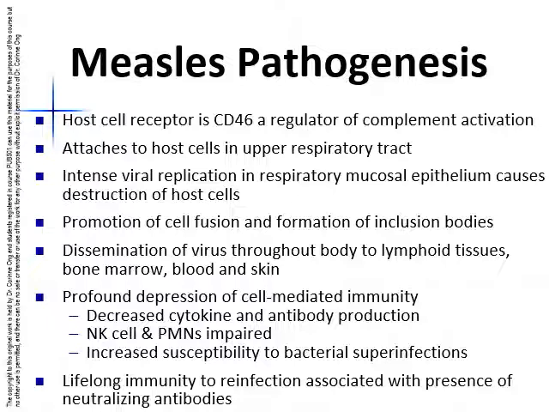The virus disseminates throughout the body to lymphoid tissues, bone marrow, blood, and skin. There is a profound depression of cell-mediated immunity with decreased cytokine and antibody production, impairment of natural killer cell and polymorphonuclear leukocyte activity, and increased susceptibility to bacterial superinfections. Lifelong immunity to reinfection is associated with the presence of neutralizing antibodies.